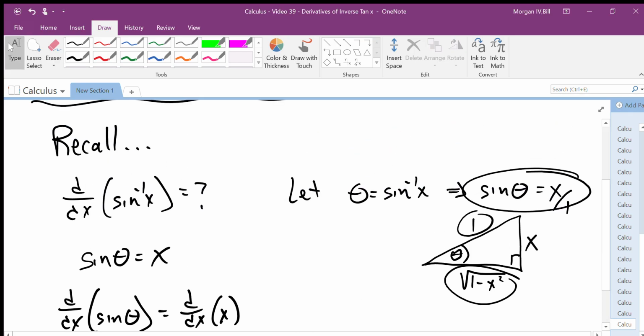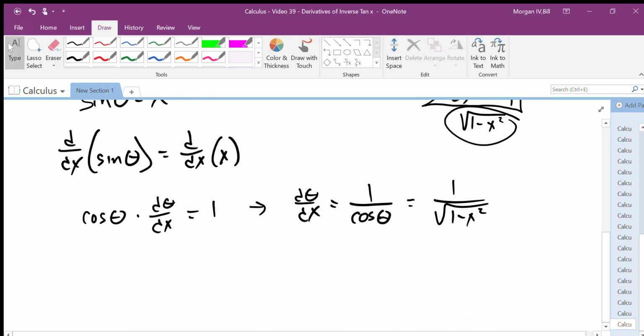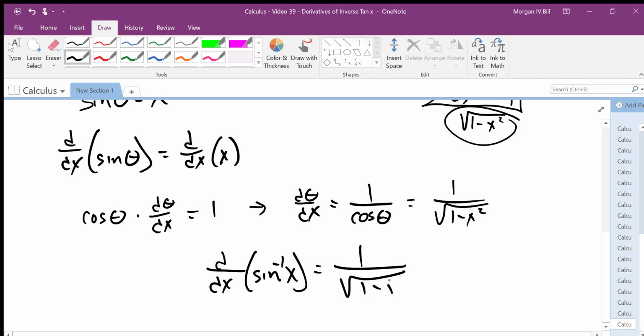But if you go back up, since theta is the inverse sine of x, the derivative of theta with respect to x must be equal to the derivative of the inverse sine of x. Therefore, when we found the derivative of theta with respect to x, we have also found the derivative of the inverse sine of x, which is 1 over the square root of 1 minus x squared.